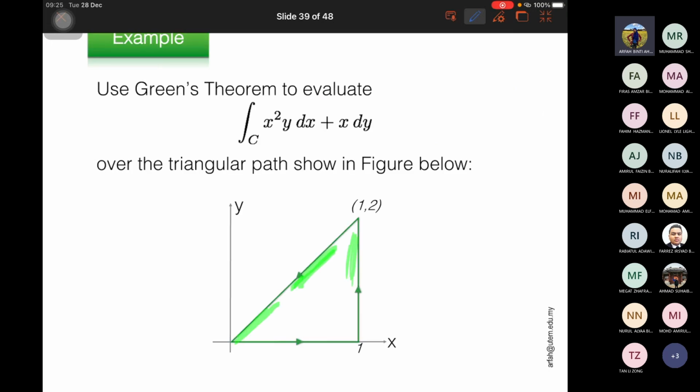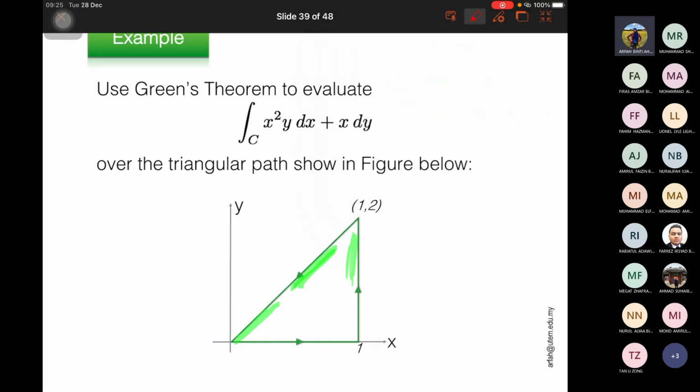Okay. So use Green's theorem to evaluate the integration over the curve C of x squared y dx plus x dy over the triangular path shown in the figure below.